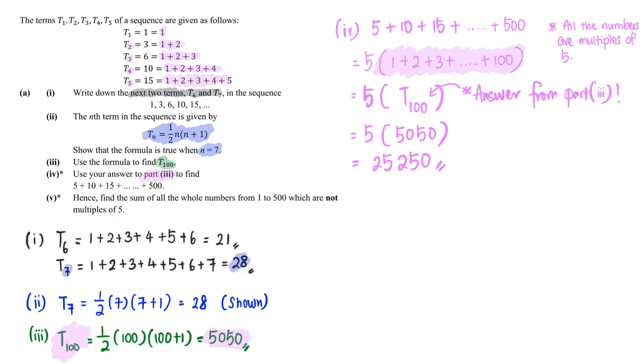For part 5, hence, once we know this, find the sum of all the whole numbers from 1 to 500 which are not multiples of 5. Oh.